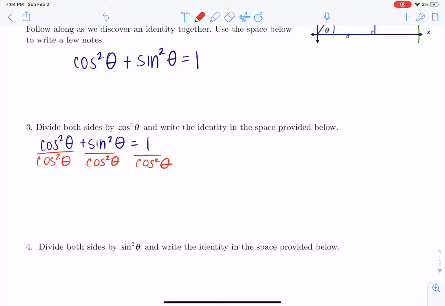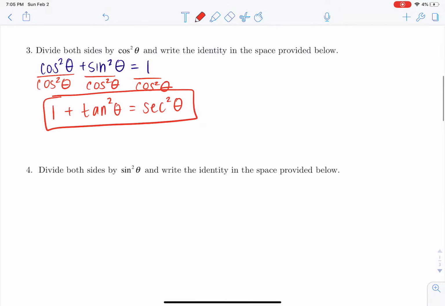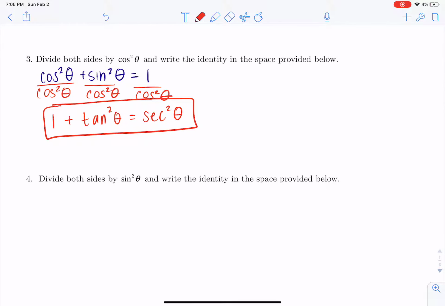So here I end up getting 1 plus sine squared over cosine squared, which gives me tan squared theta, is equal to, and I know that 1 over cosine is the same thing as secant, so secant squared theta. So here I now have another Pythagorean identity. So here's 1 and here's 2.